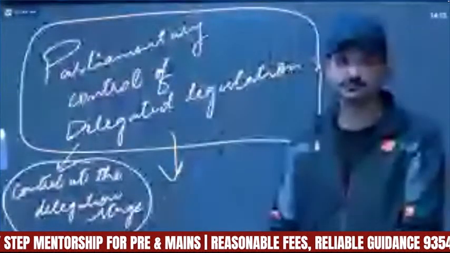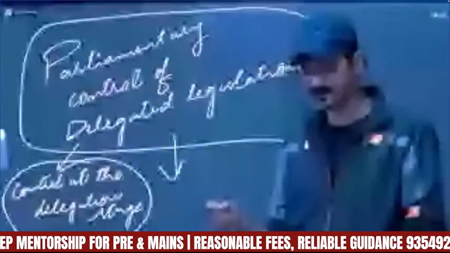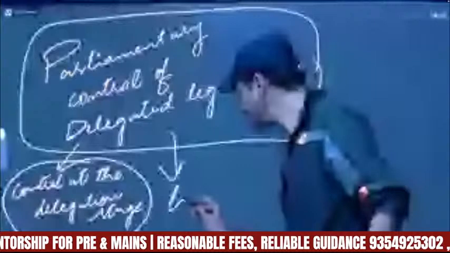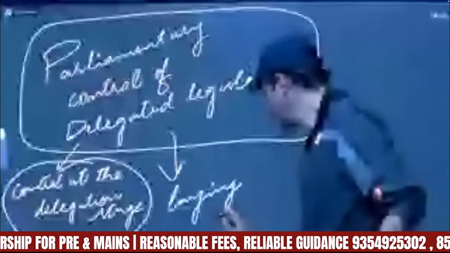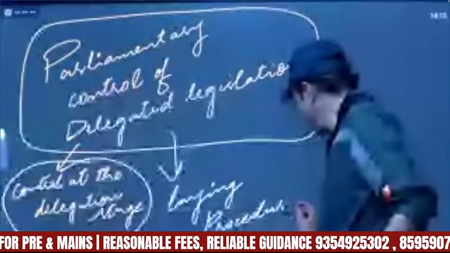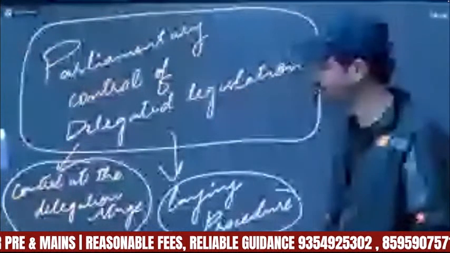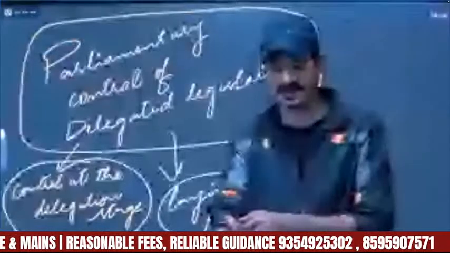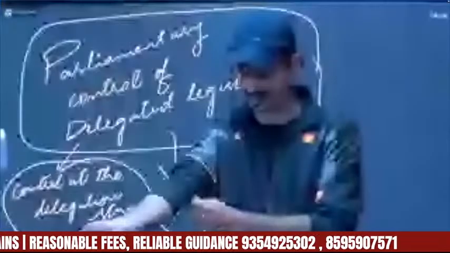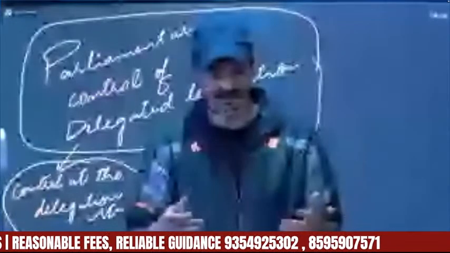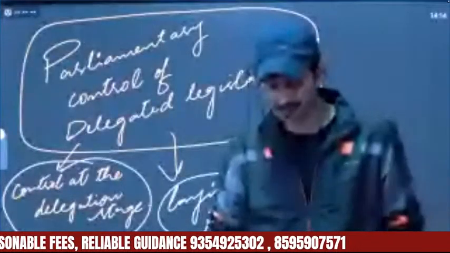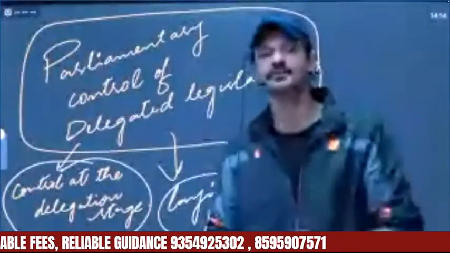Another important way that it is controlled is something called the laying procedure. Under this procedure, rules and regulations made by the administrative authorities must be placed before the parliament.